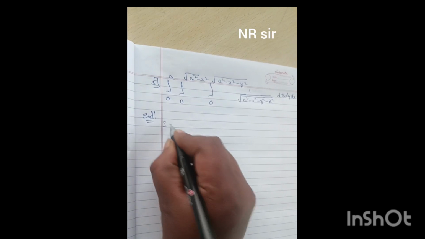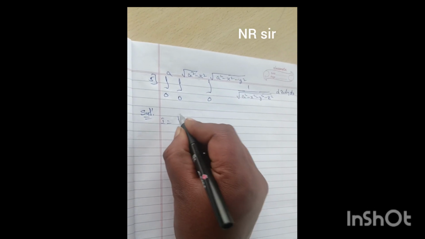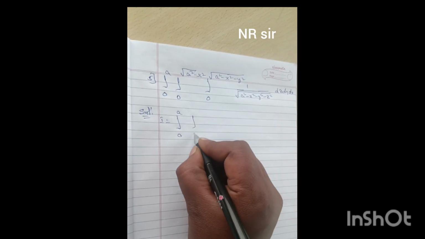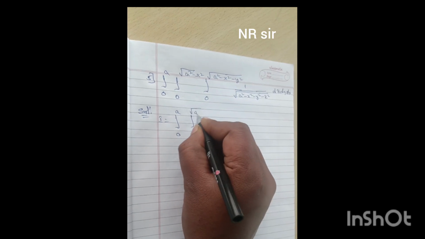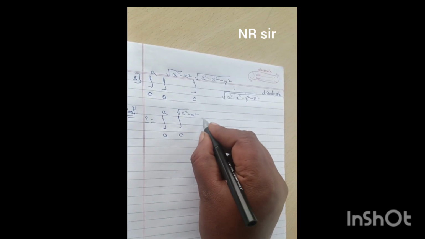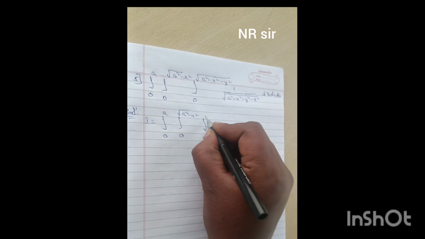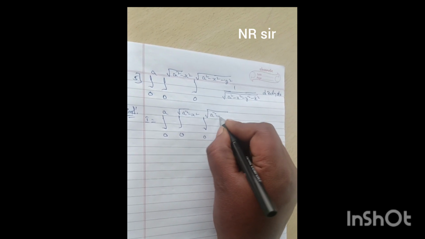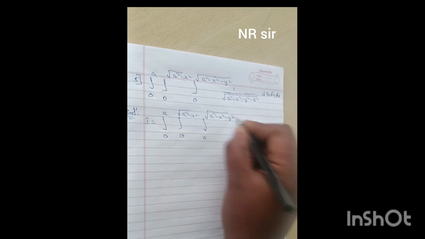Now consider x from 0 to a, the second integral 0 to square root of a square minus x square, and the third integral from 0 to square root of a square minus x square minus y square.